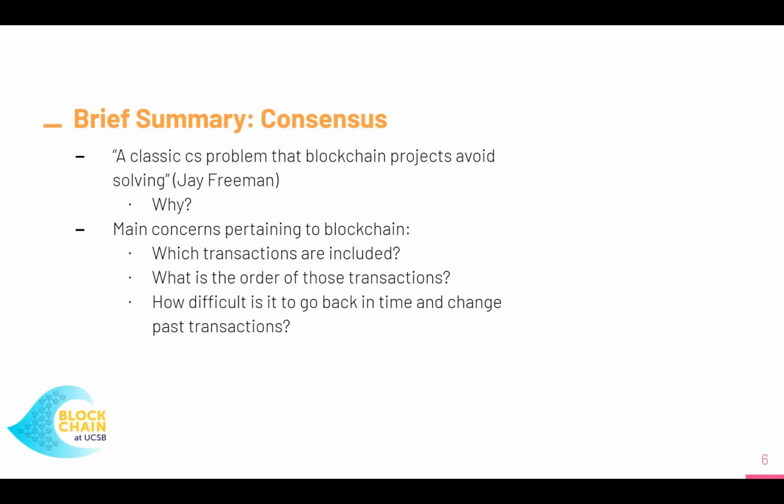We had Jay Freeman come talk to us a little bit about consensus. One of his main points was that consensus was a classic CS problem that blockchain projects avoid solving. And maybe some of you are wondering why he said this.